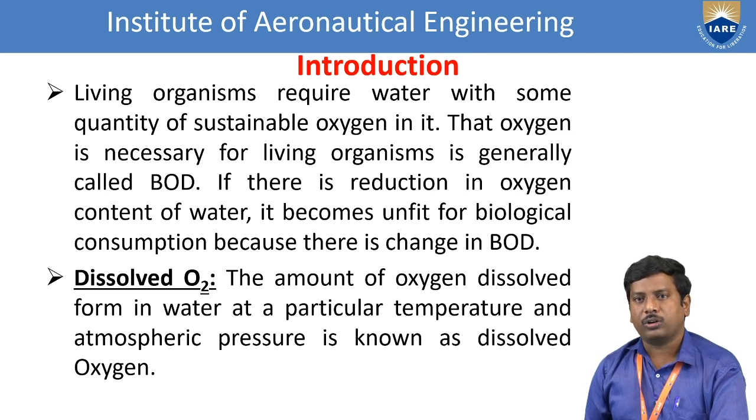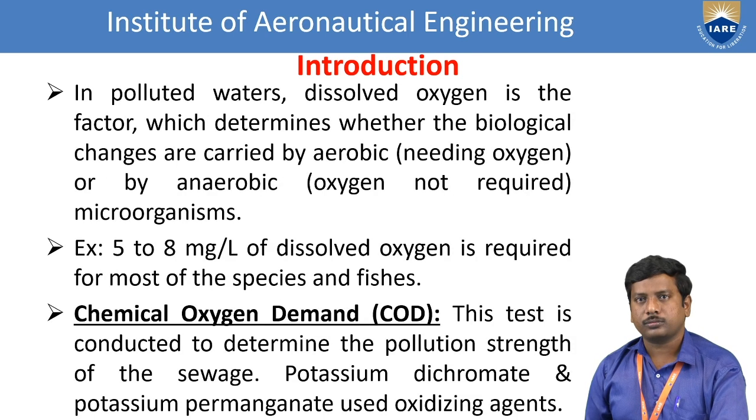The amount of oxygen dissolved in water at a particular temperature and atmospheric pressure is known as dissolved oxygen. So in polluted waters, dissolved oxygen is the factor which determines whether the biological changes are carried out by aerobic microorganisms, that is in the presence of air needing oxygen, or by anaerobic, oxygen not required, that means absence of air.